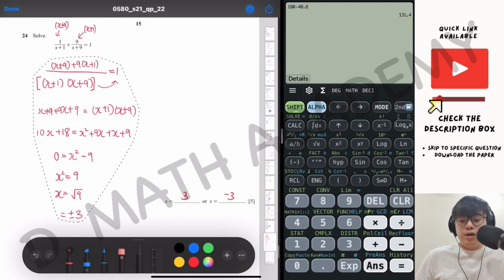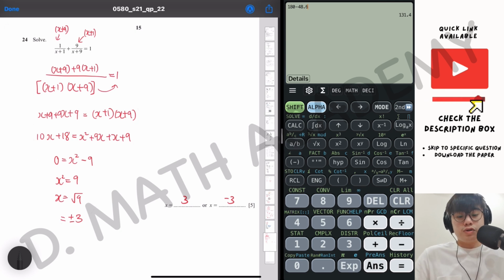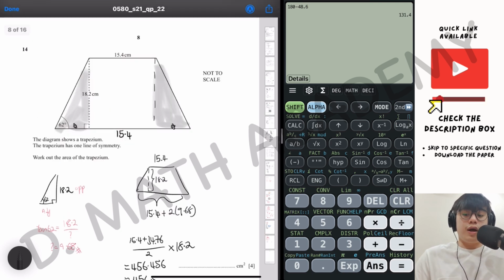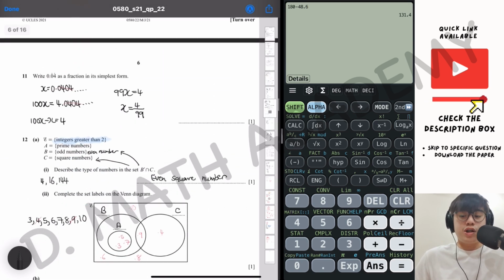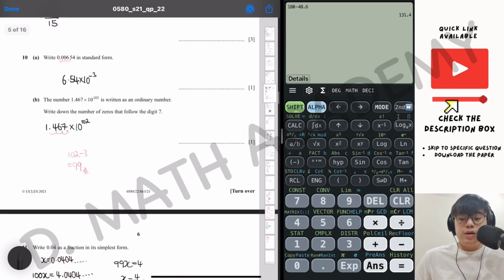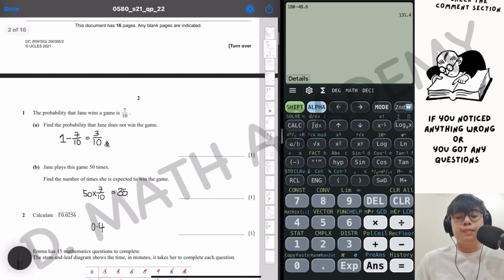Okay, so overall this question paper here is quite straightforward. Personally, I find this question quite tricky, the area of the trapezium. Other than this, set 1 is also quite challenging, and the rest should be more or less similar to your previous paper.